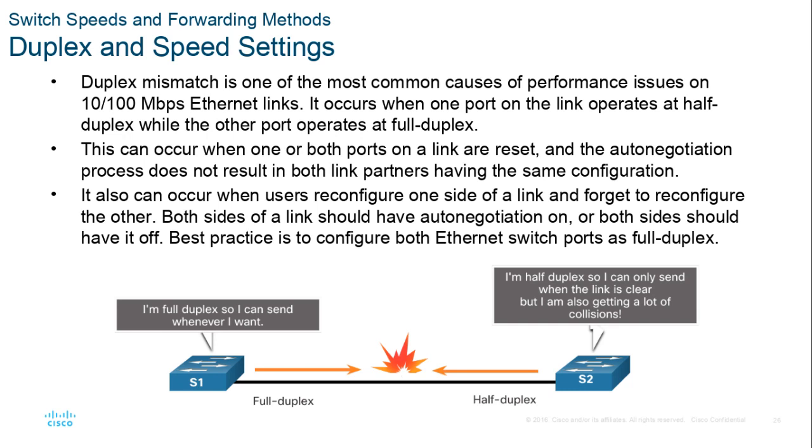And what are all these collisions that are occurring? Because the full duplex switch is like the Three Stooges poking each other's eyes out. He's sending data whenever he wants to. He doesn't listen for it. He says, must be a full duplex connection, he can send and receive at the same time. So if you have a problem, simply manually configure both switch ports to be full duplex, which will give you the best performance.